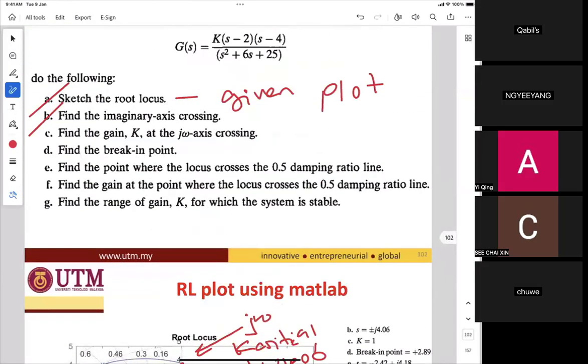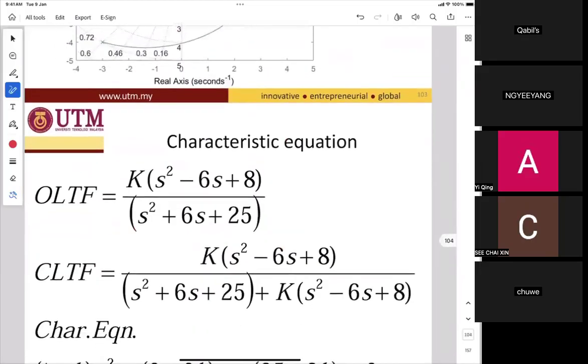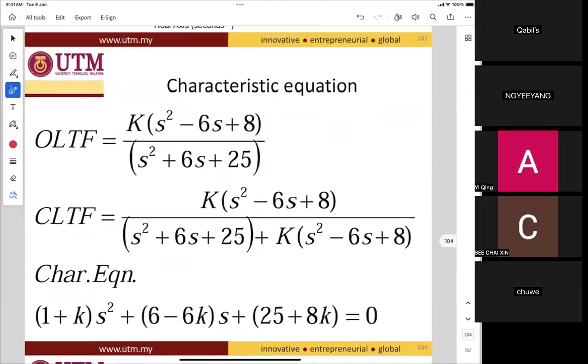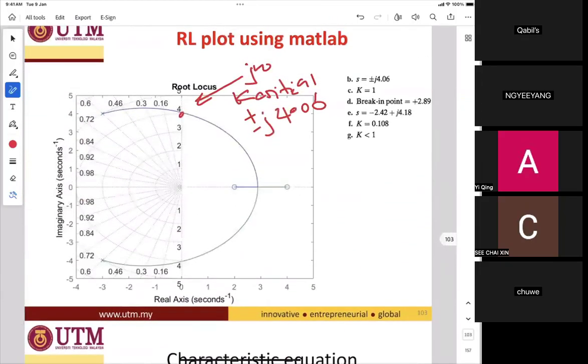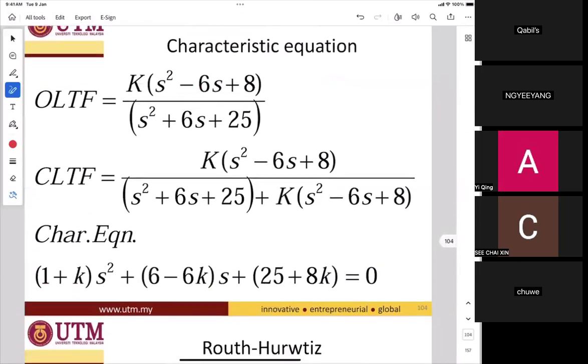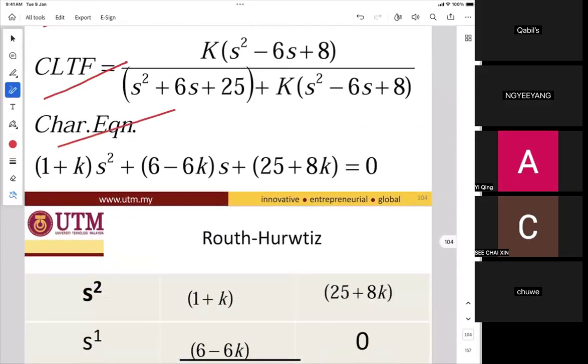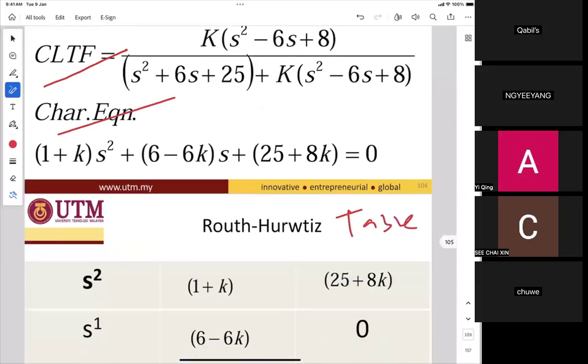Then find the gain K. There are two ways to calculate the gain K, either by using Routh-Hurwitz, as shown here: find the open loop transfer function, closed loop transfer function, characteristic equation, Routh-Hurwitz table.